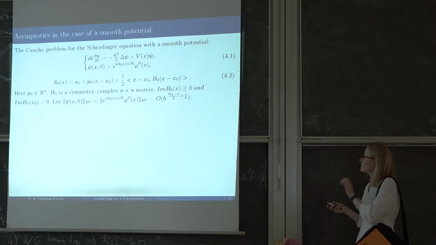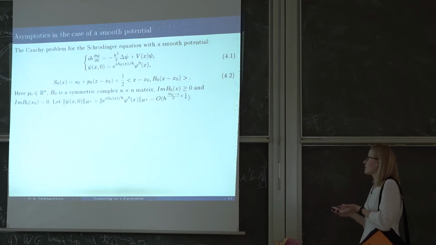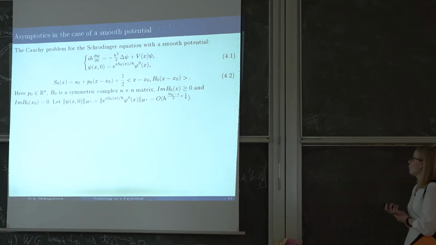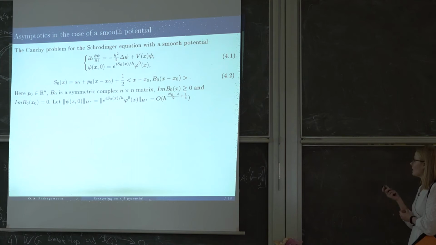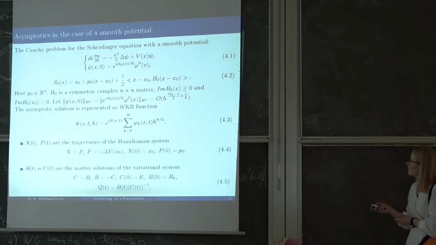Let's construct an asymptotic solution in the case of a smooth potential and with complex phase. We assume that our phase is represented as a Gaussian beam, and the initial condition satisfies this estimate.